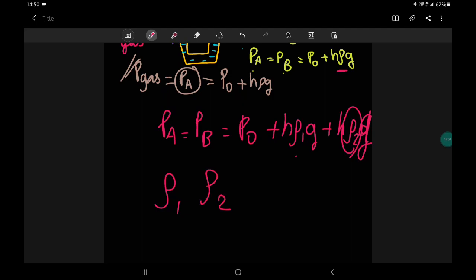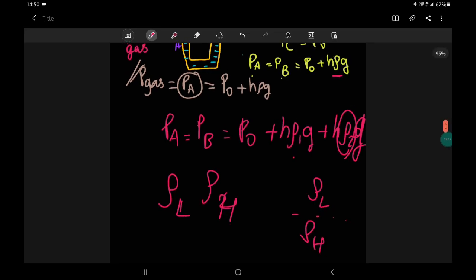Let me say this is the lighter one and this is the heavier one. The heights occupied by them will be H1 and H2.